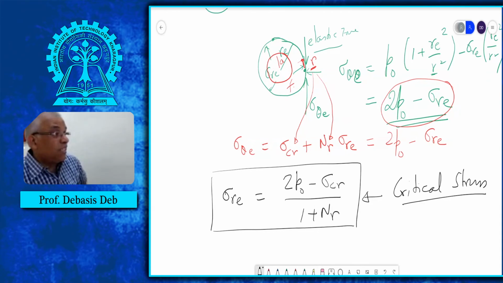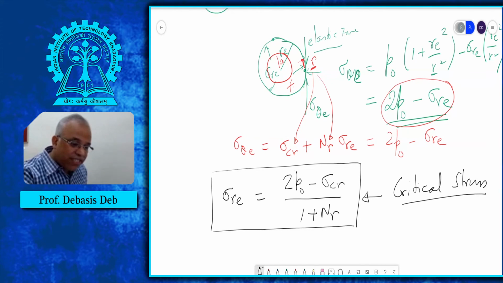So sigma RE, which is basically the radial stress at the elastoplastic boundary, can be found as 2 P naught minus sigma CR. Now you see this sigma CR is the uniaxial compressive strength of rock.